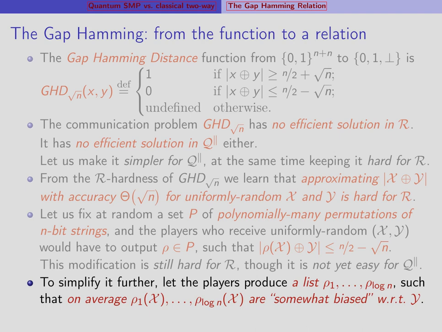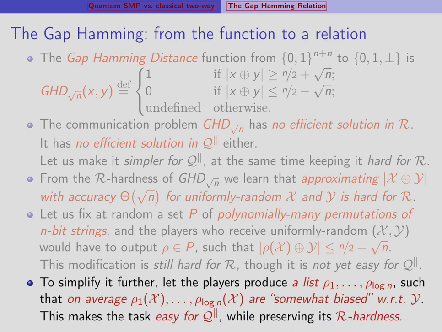So this variation is very similar to the previous one, but intuitively it's less sharp. Instead of producing a single permutation that does the trick, now the players are allowed to produce a list of log n permutations such that on average these permutations do the same trick. And this turns out to be enough. This modification makes the task easy for quantum SMP while preserving its classical two-way hardness.